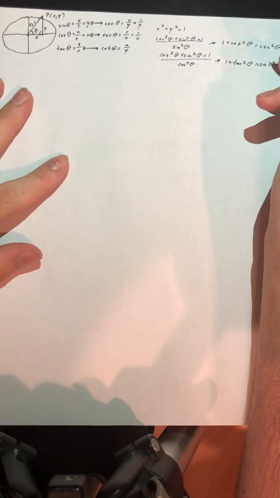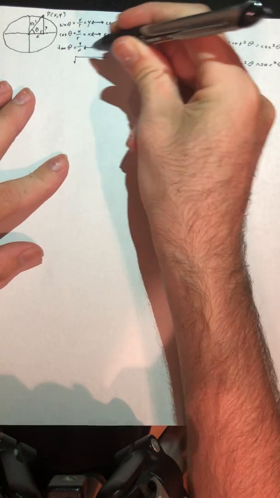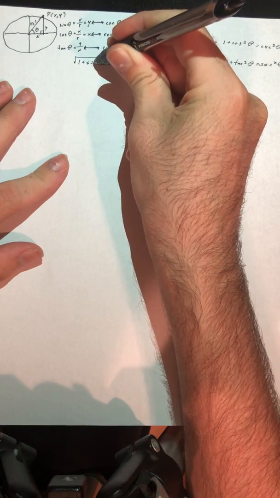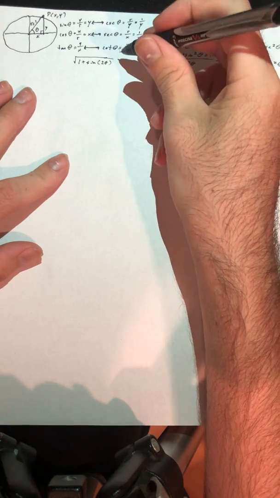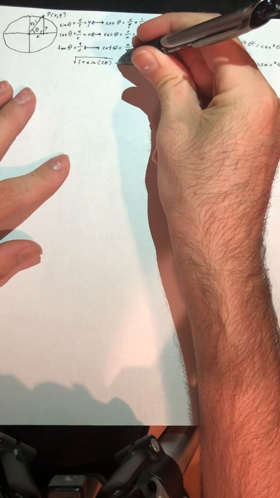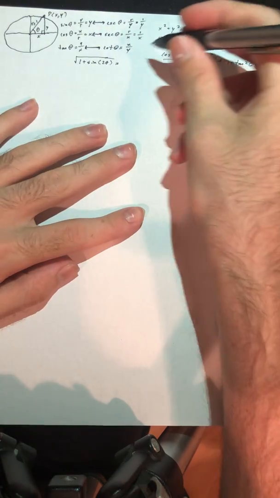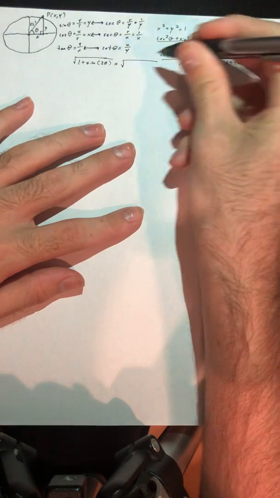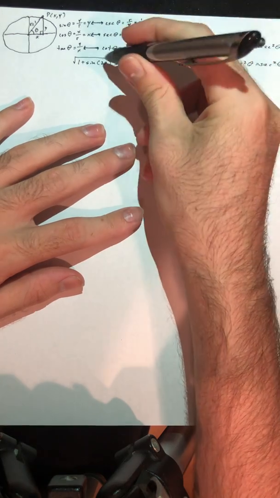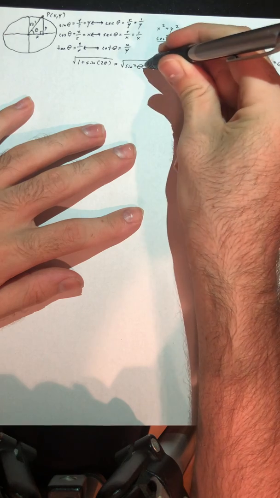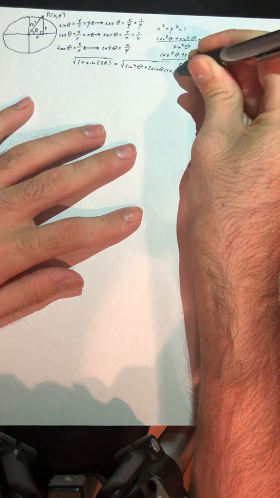For example, if I was to ask you to simplify the square root of 1 plus sine 2 theta so that it doesn't have a radical in it, you might be thinking, well, how am I going to do that? Well, you could look at the 1 as sine squared theta plus cosine squared theta, and then sine 2 theta, hopefully you know, is 2 sine theta cosine theta.